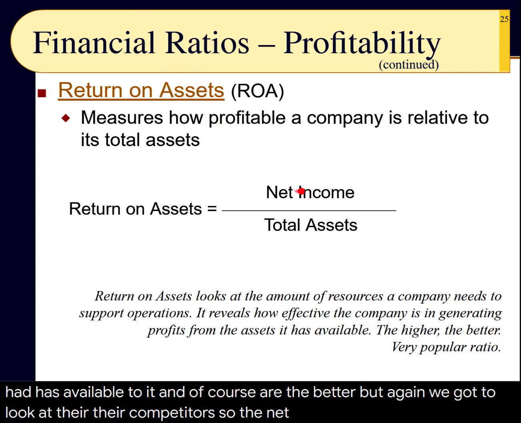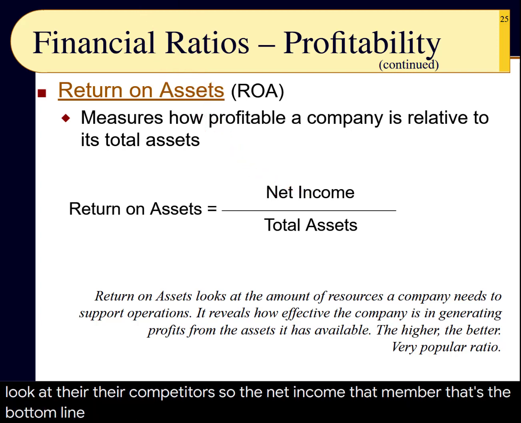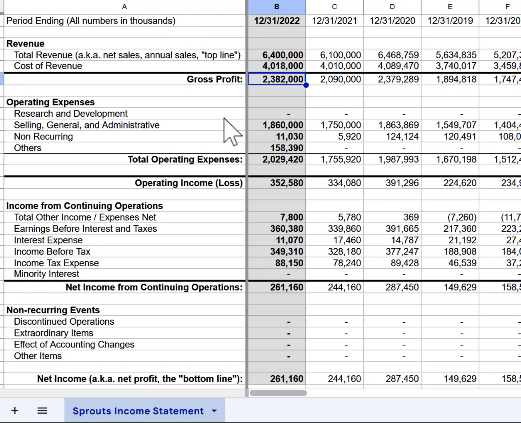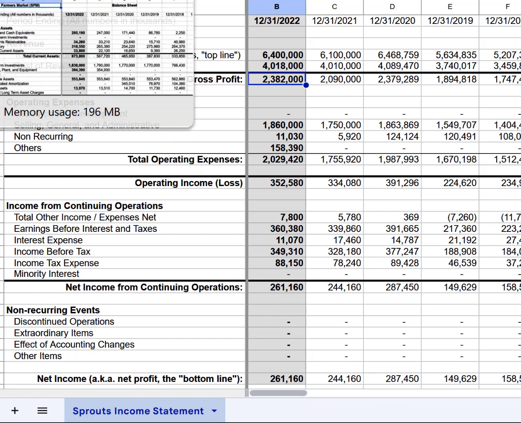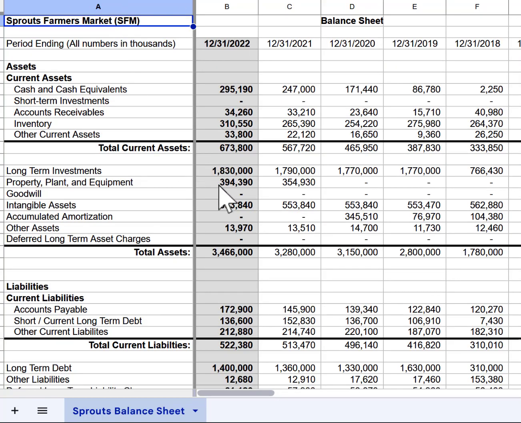So the net income, remember, that's the bottom line. We go up to the income statement. Remember, it's 261,160. But now, to get the total assets, we need the balance sheet. Now, don't be confused. Total current assets are just the assets that are going to be consumed within a year. Make sure you go to the total assets. So that's 3,446,000,000.